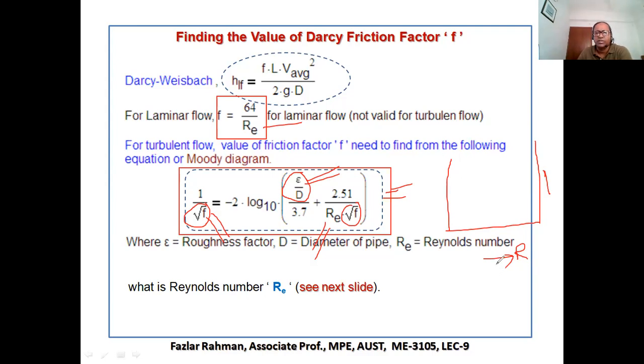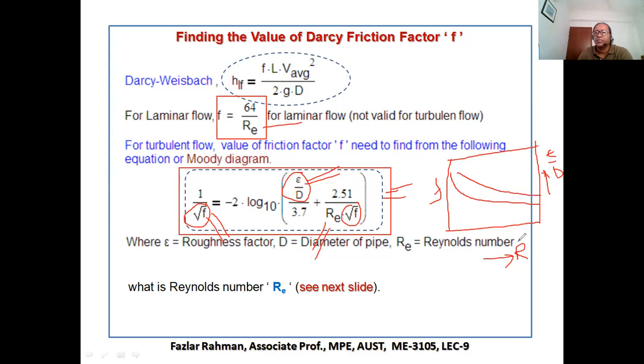So in the horizontal axis, you have the Reynolds number, and in the upward direction on the right side, you have the ratio epsilon by D, and on the left side you have the friction factor, and your graph will look like this one.